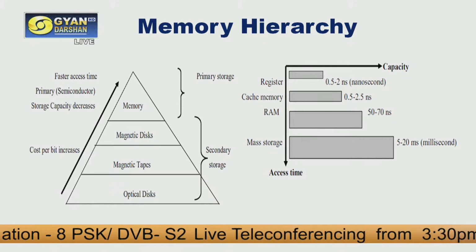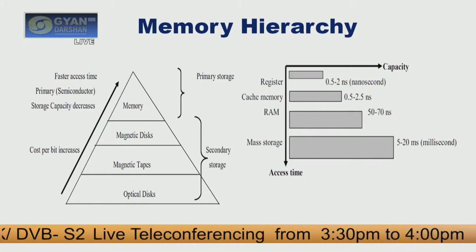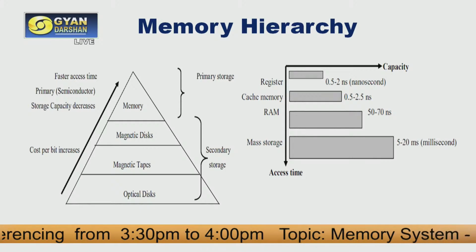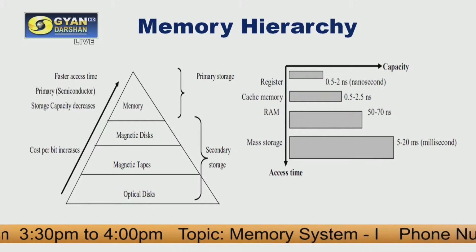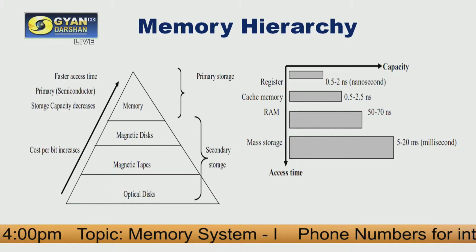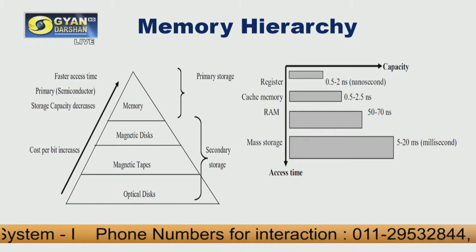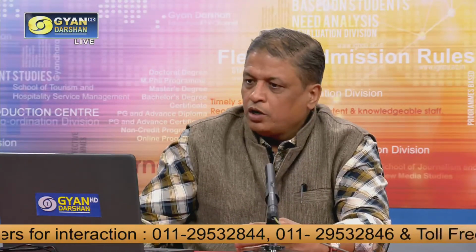The graph shows that the access time continuously increases as we move from the primary memory segment to the secondary memory segments, that is from the semiconductor memories to the optical memories and other parts of the secondary memories.